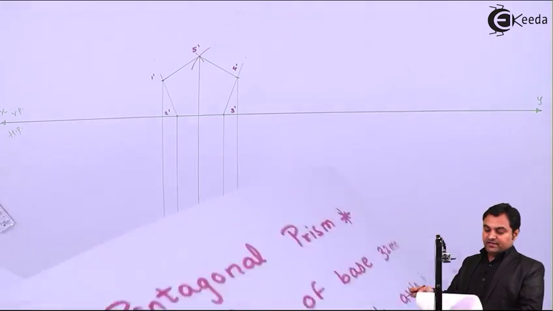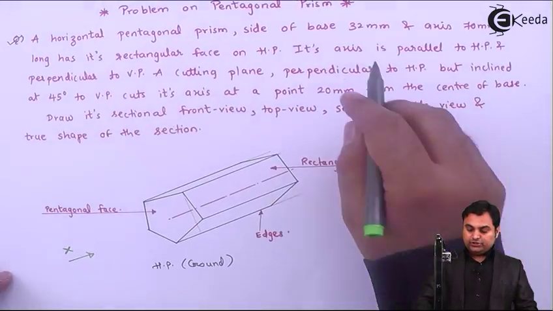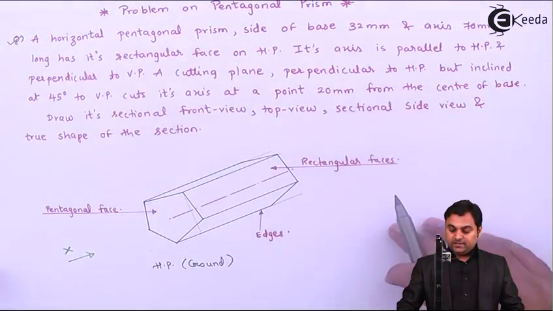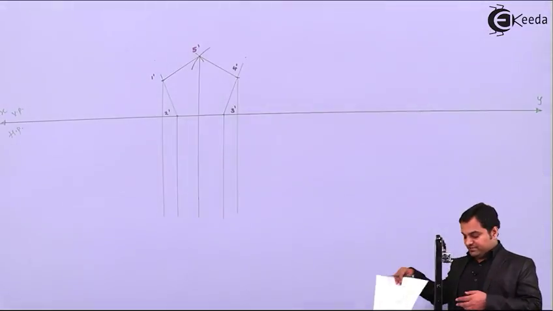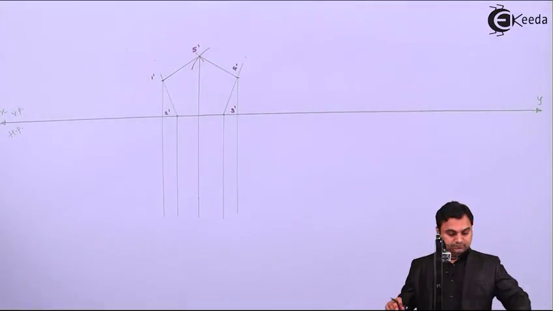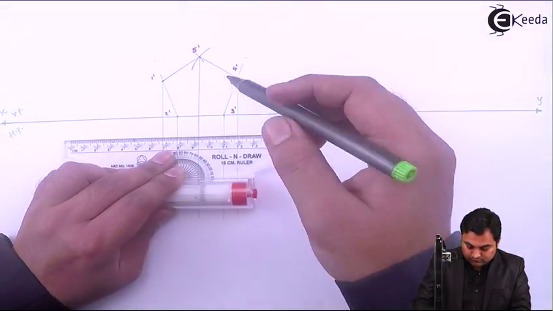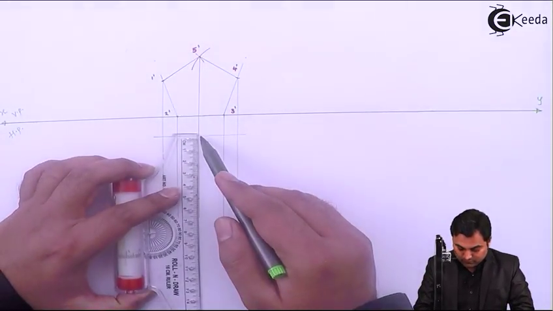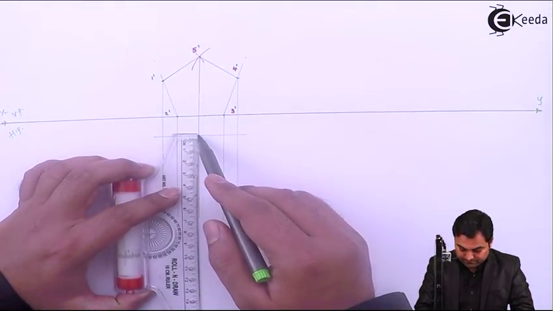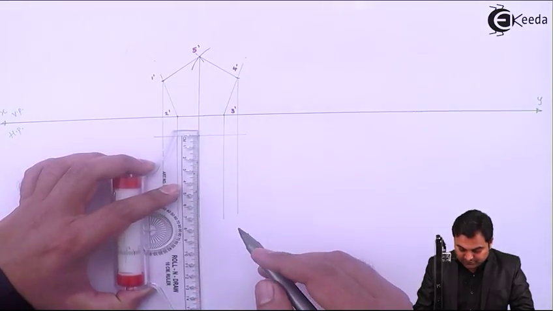Here the axis height is given as 70 mm. So 32 mm is the side of the base and axis 70 mm. So the length of the pentagonal prism will be 70. On this center line, I'll mark the distance of 70 mm.